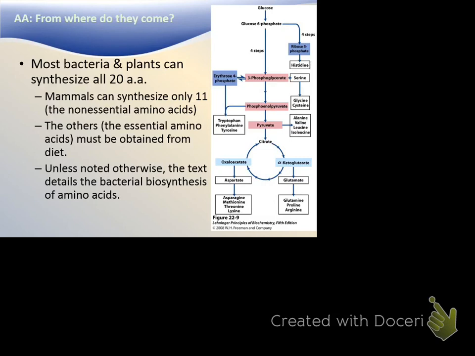And unless otherwise noted, all the mechanisms that we're talking about are bacterial biosynthesis. There are some times, and it's really important, like when we talk about methionine and cysteine, where there's a difference between the way that bacteria do it and the way that mammals do it. Why is it important to know the difference between, say, mammals and bacteria?